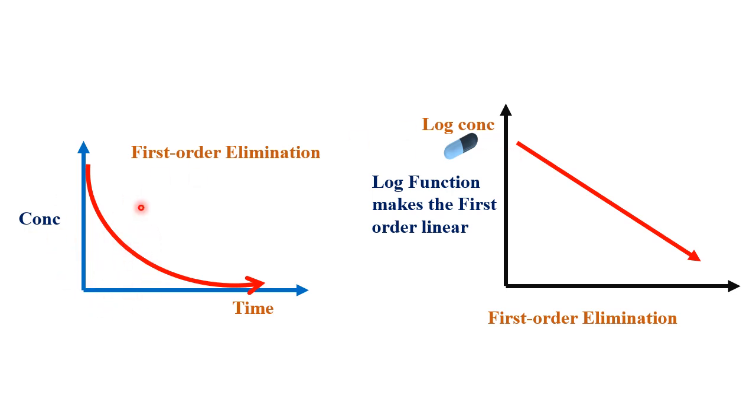To make it easier to visualize and analyze the data, pharmacologists convert the exponential graph to a linear graph by taking natural logarithm on both sides. As we discussed earlier, I have shown you how it looks when we apply logarithm. If you apply logarithm to concentration, it converts to linear, so we can interpret results easily.